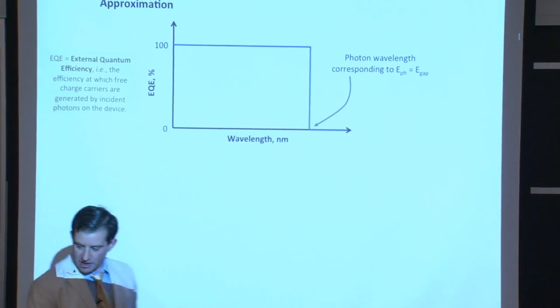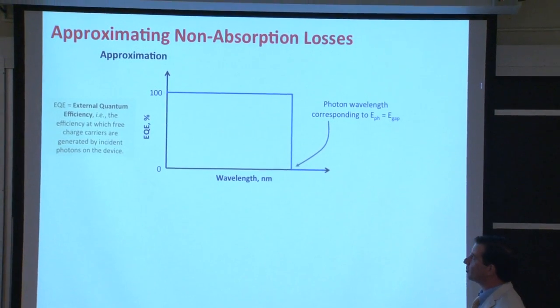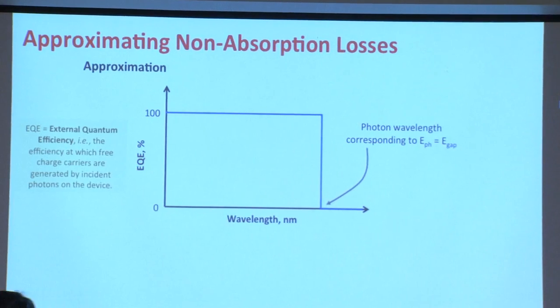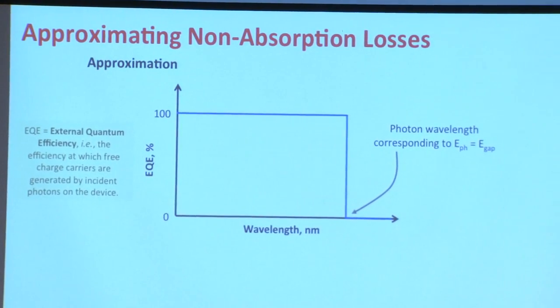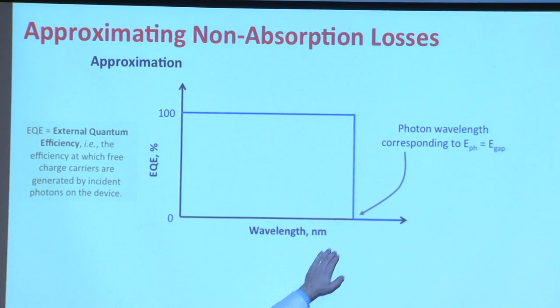So approximating non-absorption losses, very first step. What we're going to do is run a very quick approximation that any photon with energy corresponding to the band gap energy is going to be absorbed. So if the photon has a larger energy than the band gap, it will be absorbed.